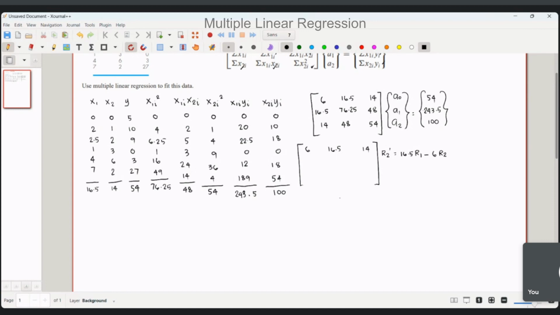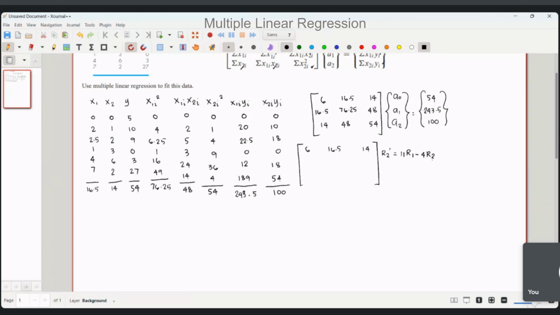Okay, it's 66, miss. 16.5 times 4, 66. So that would be, sorry, 11 R1 minus 4 R2. 11 times 6, 66 minus 4 times 16.5.